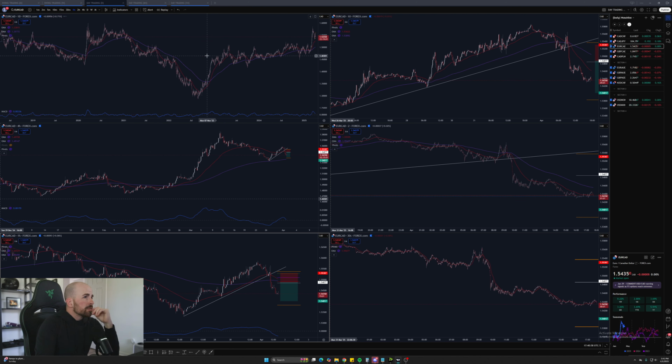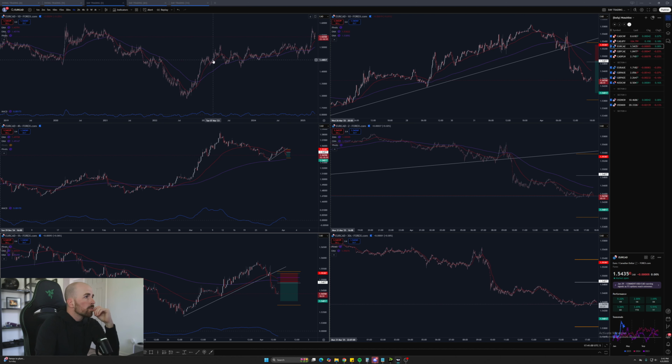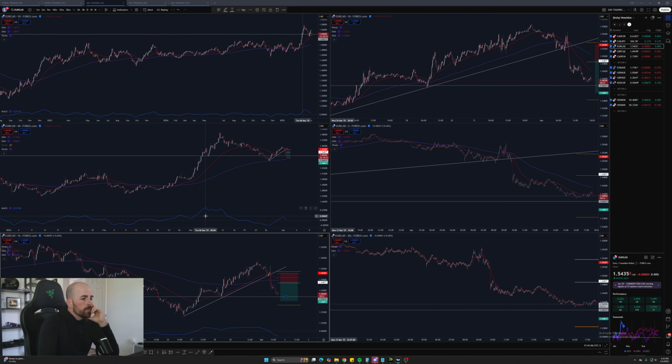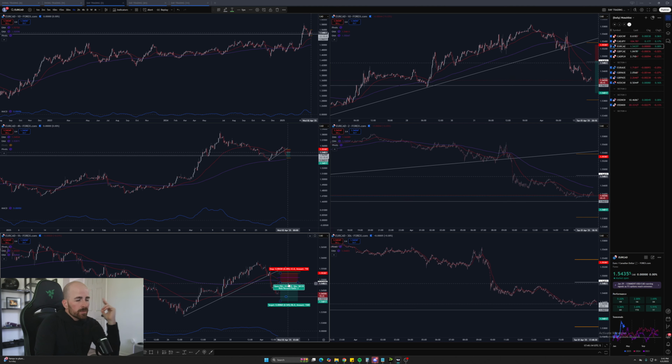Overall, this thing's been bearish for a while. The thing that sketches me out, though, is this level right here, which if it pulls back, it could be rejecting this. So it can either blow past through all this stuff at this point.